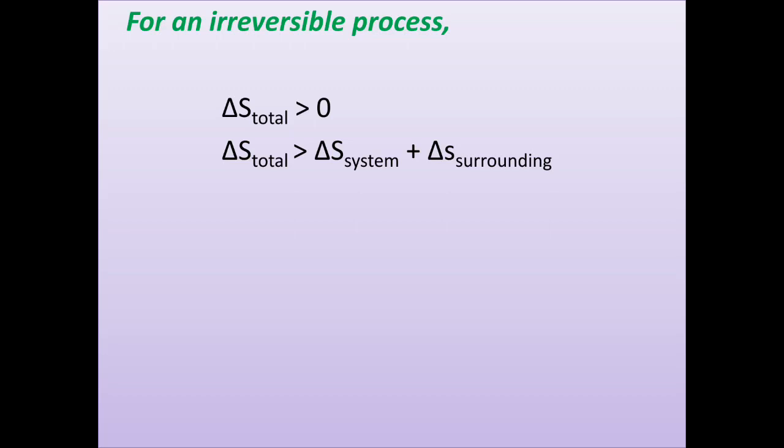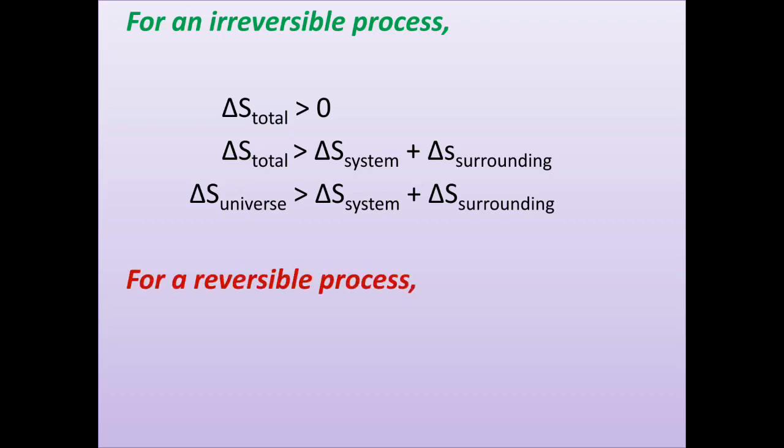So delta S universe is greater than delta S system plus delta S surrounding, that is, the entropy change of the universe is greater than the entropy change of system and surrounding for an irreversible process. But for a reversible process, delta S system is equal to minus delta S surrounding. So the delta S universe, that is the entropy change of the universe, is equal to 0 for a reversible process.